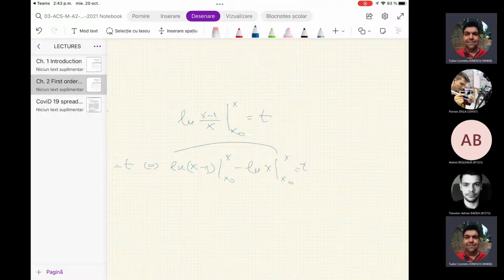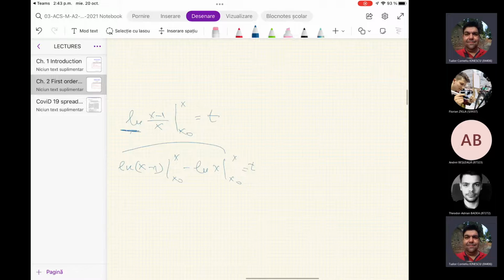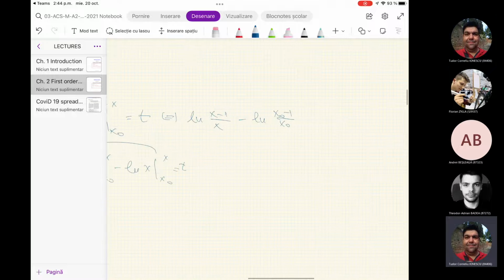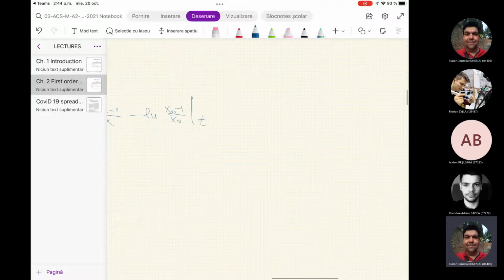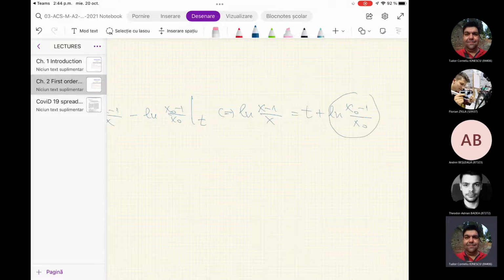Writing this properly, this is ln of x minus 1 over x minus ln of x naught minus 1 over x naught is t. So ln of x minus 1 over x is t plus the natural logarithm of x naught minus 1 over x naught. And this is a constant. You can call this alpha for the sake of simplicity.